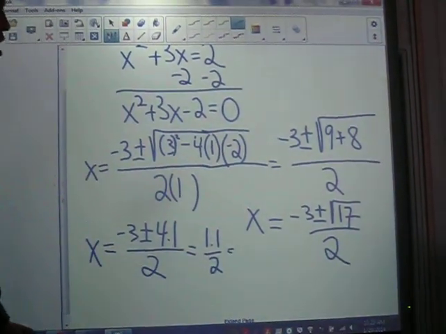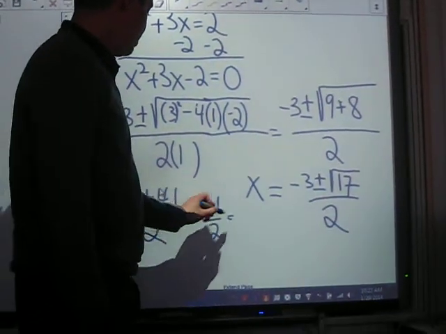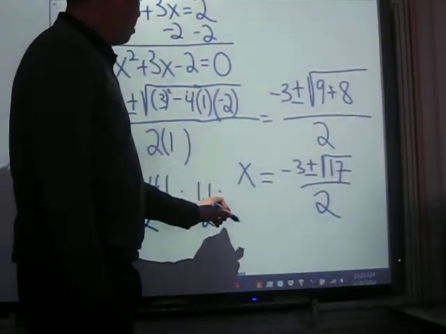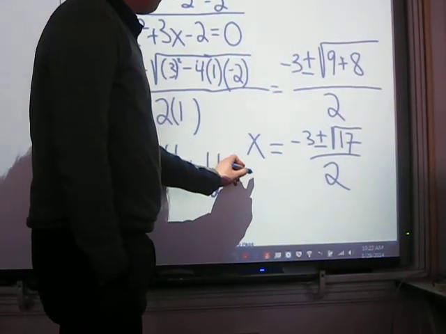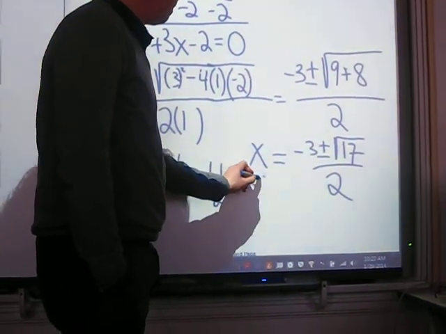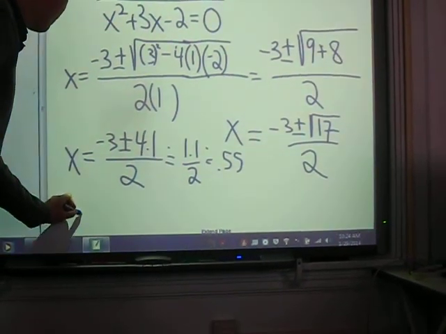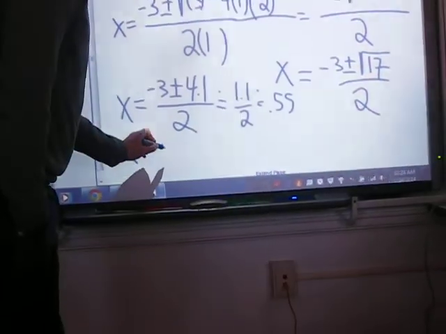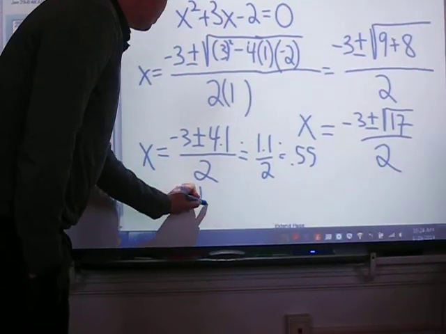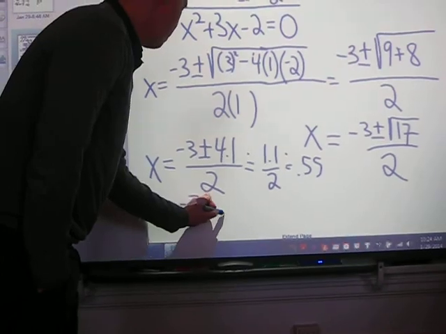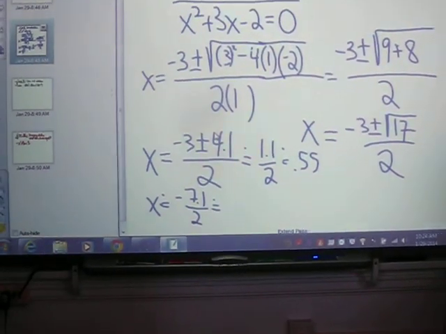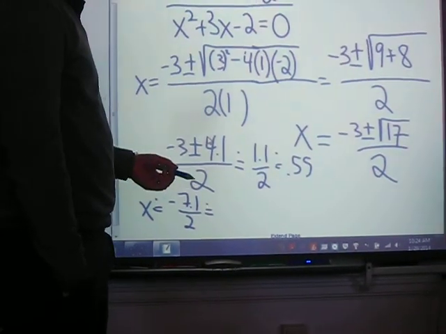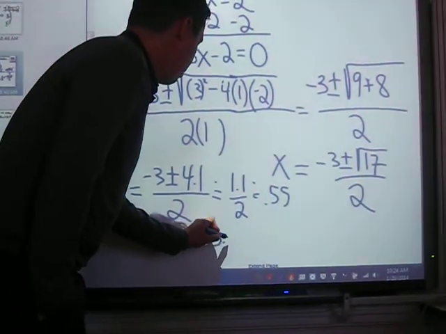Which is approximately what? These are approximations now. Around half. 1 over 2, about 0.55, something like that? Yeah, 0.55. And let's get our other root now. What's the other root? Negative 7.1 over 2, approximately negative 3.6.